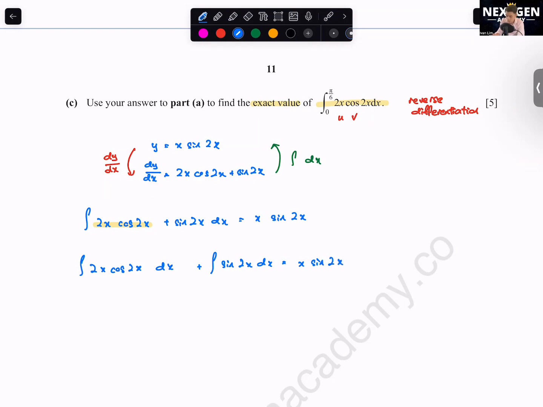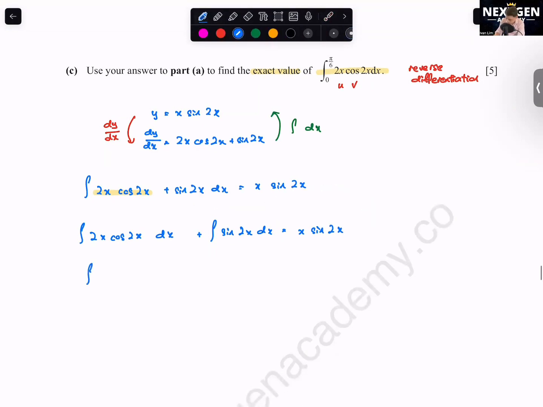I want just 2x cos 2x, so this part here, I move to the right-hand side. This part you don't need to write in so much detail, you can straight away jump to this step: x sine 2x minus integrate sine 2x dx.